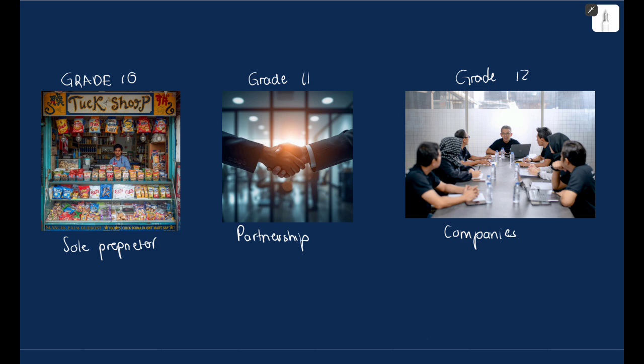The same way in grade 12, because now we are dealing with companies, there will be certain accounts that will be there, right? Such as your ordinary share capital, your retained income, your dividends, your auditor's fees, your director's fees. Those are the accounts that are going to appear in the statements of a company, but they will never appear in the statement of a partnership because a company and a partnership are different and those accounts are specific to a company.